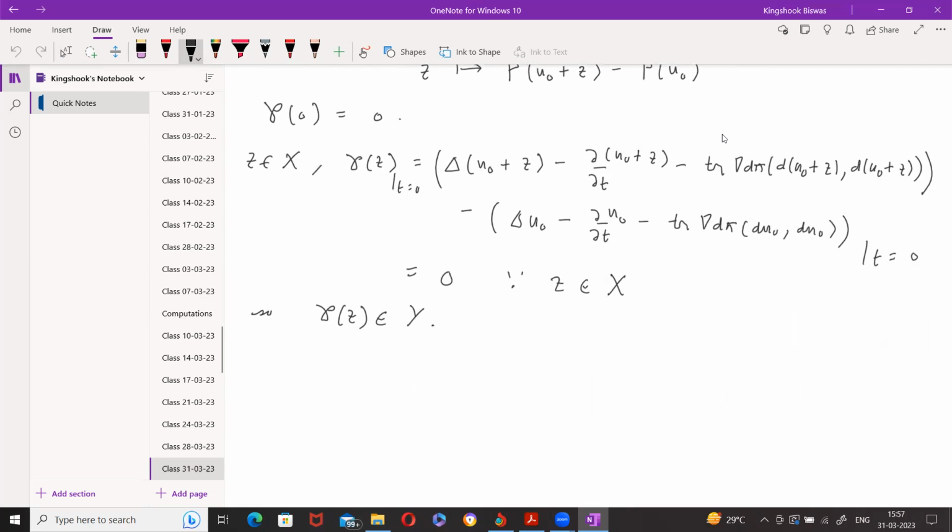But it turns out that this map P is differentiable, and its derivative at the origin, dP naught, is an isomorphism of Banach spaces.